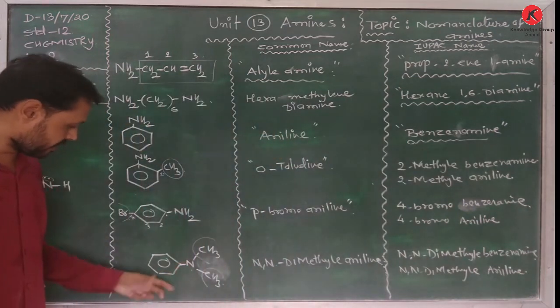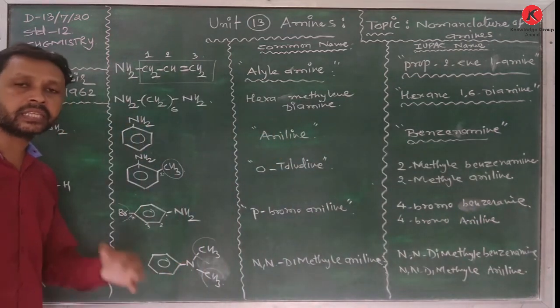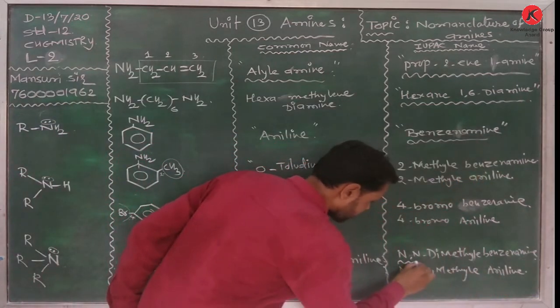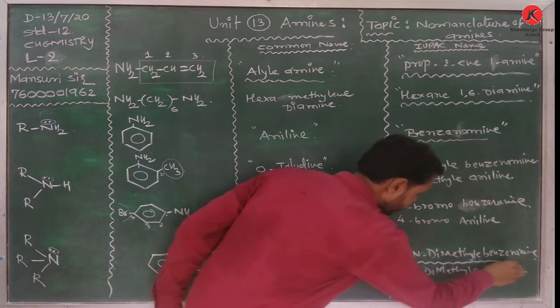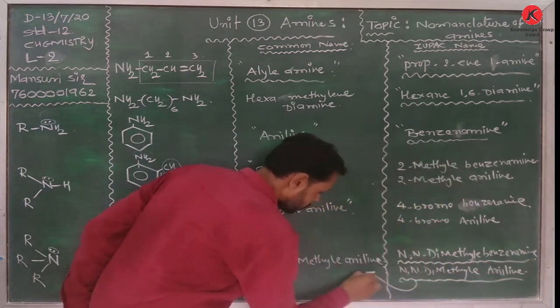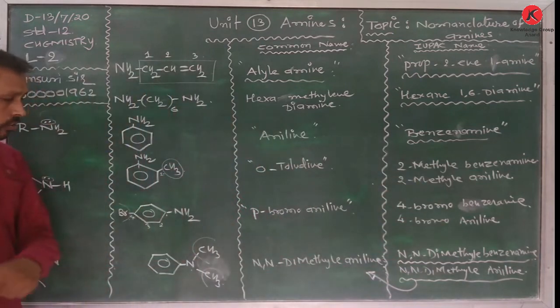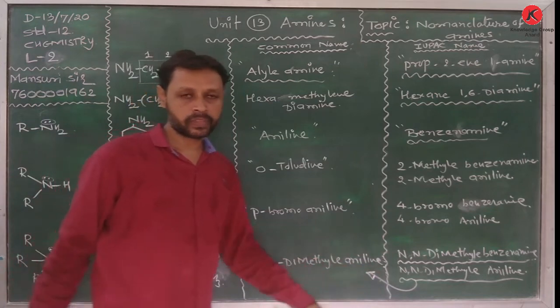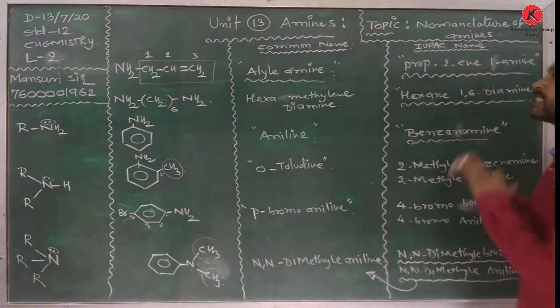But whenever we are using benzeneamine, this is the IUPAC name, so we can write only this structure, only this name. We should not write aniline here because that will be our common name. So whenever you are using the word aniline, it should be the common name. Okay, so this is the IUPAC nomenclature.